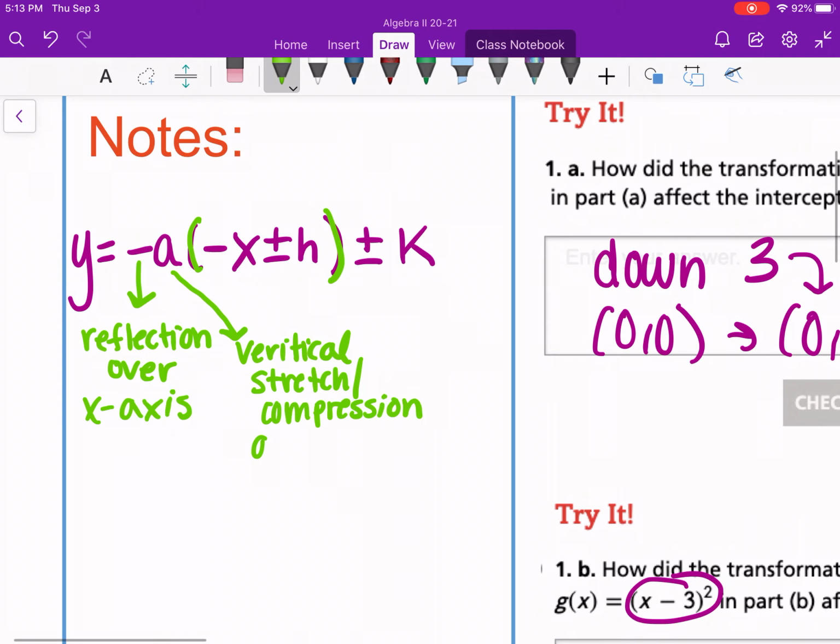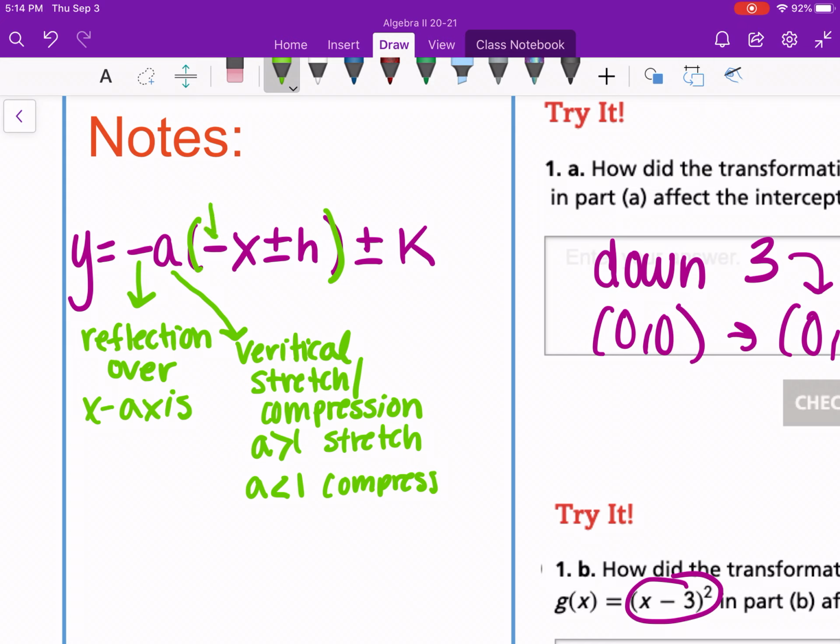If it is greater than 1, it's going to stretch. Because think about it, if you're multiplying by a whole number, you're making it bigger and bigger and bigger. If a is less than 1, it is going to compress the graph. So again, if I'm multiplying something by a half, I'm dividing it by 2, so my thing would get smaller.